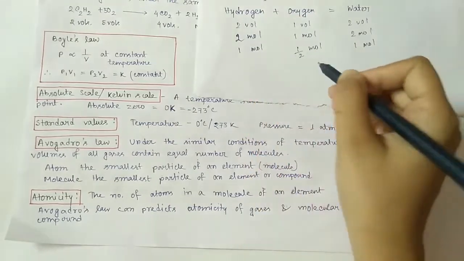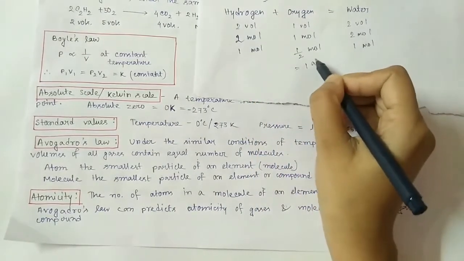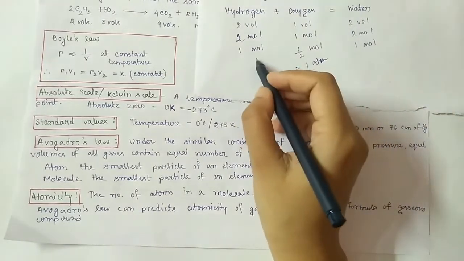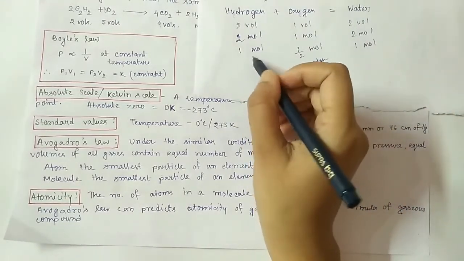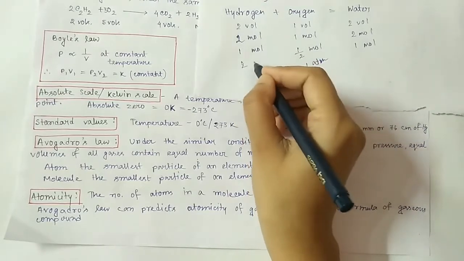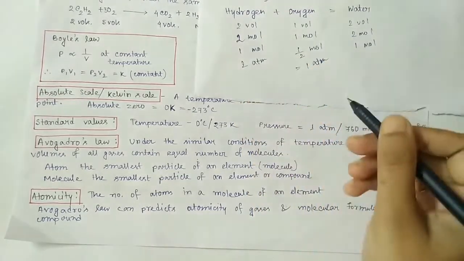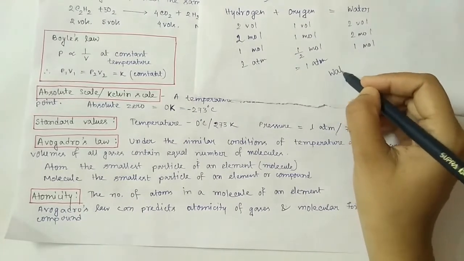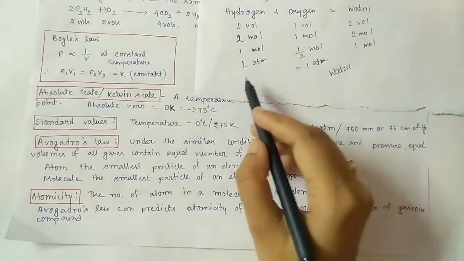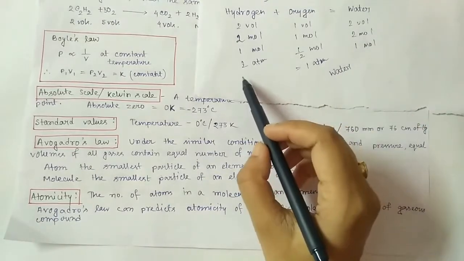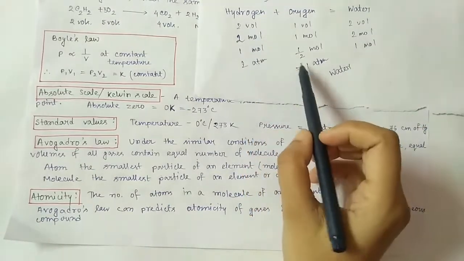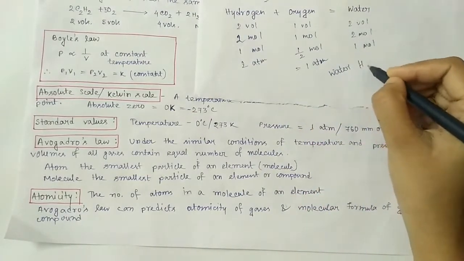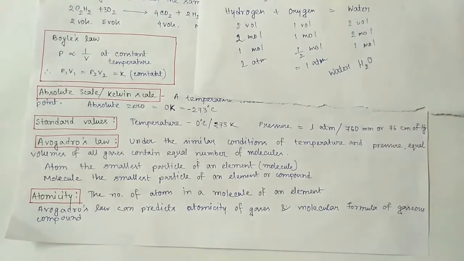Half a molecule means one atom, as I have told you previously, and one molecule of hydrogen gas is equal to two atoms of hydrogen. So from this we can say that one molecule of water contains two atoms of hydrogen and one atom of oxygen. So the chemical formula of water will be H2O.